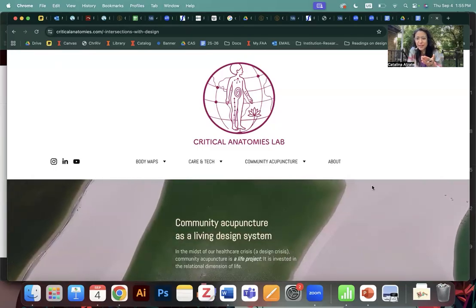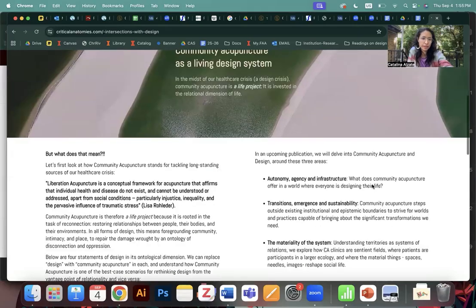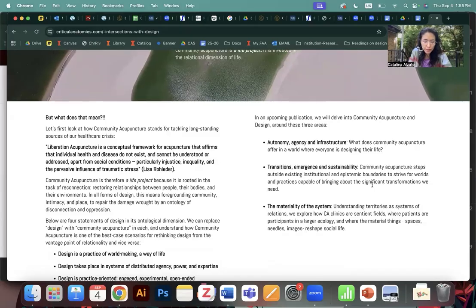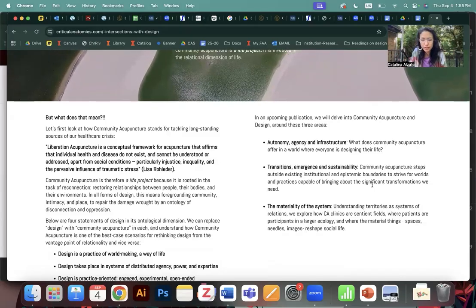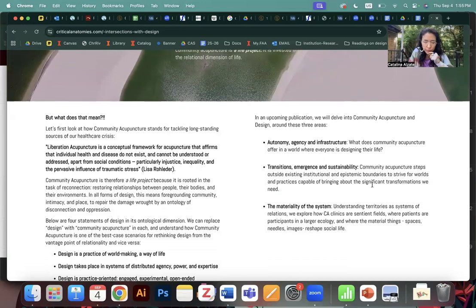That's why it's community acupuncture, but the way I wrote it here, it is concerned with this aspect of reconnection. And this is one of the first things, or maybe the thing, that Escobar argues in his book. He talks about how in a world where we are so disconnected, we live in an ontology of separation and oppression.